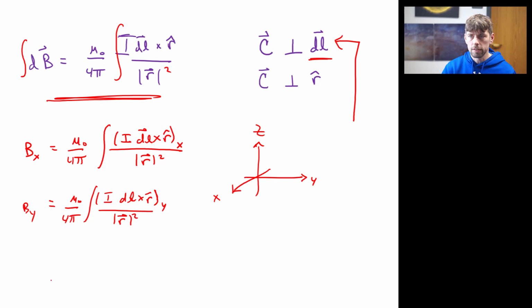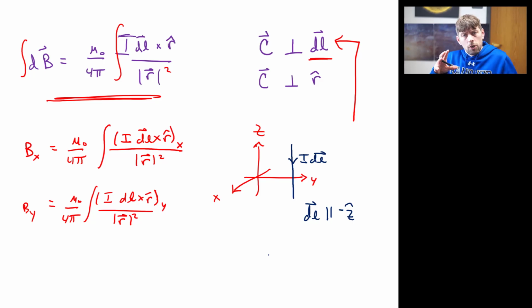And if I have a wire, say, running this way, and the current is going that way, we'll call it I dl that way. Here, dl is simply parallel to negative z hat. So you have to know which way the current is running in the wire, and based on your coordinate system, arbitrarily chosen, you should be able to express dl in terms of your coordinate system.